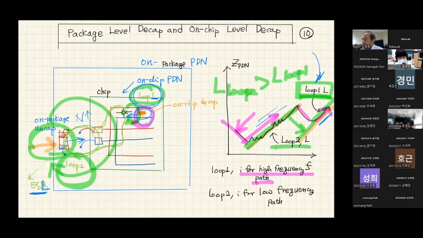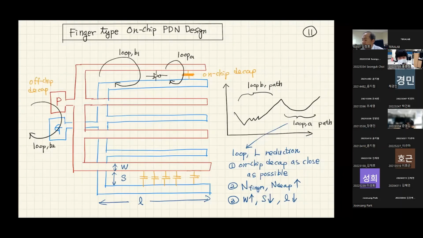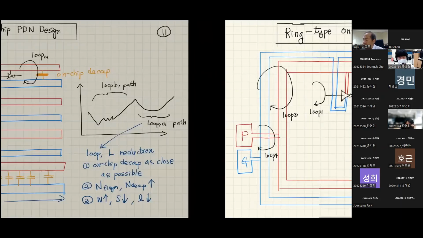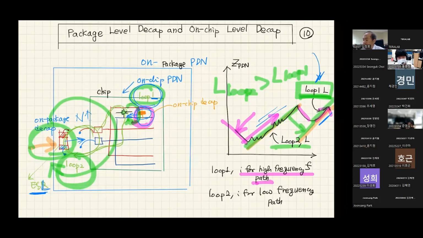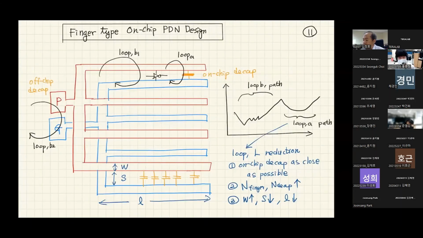This is for the case of finger type on-chip PDN. This is another drawing. So here I'm assuming that power has a finger.